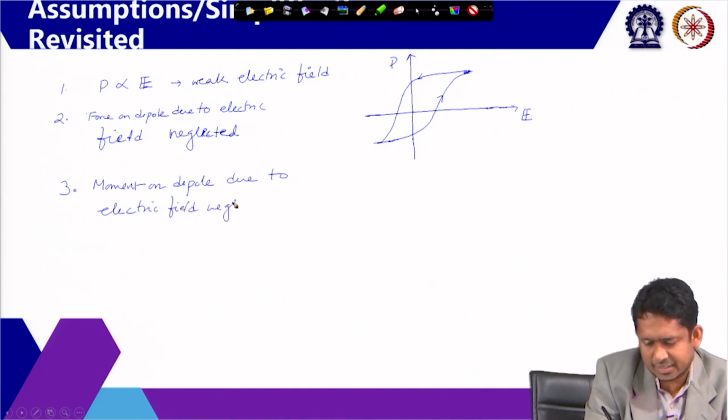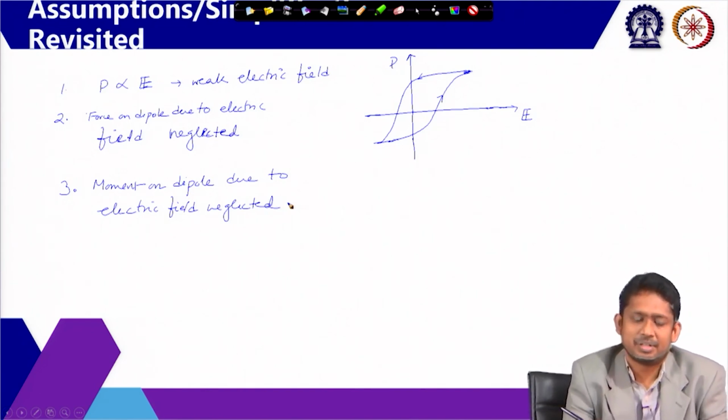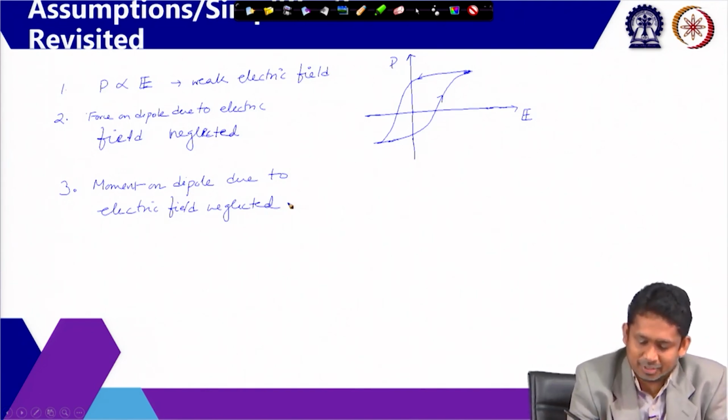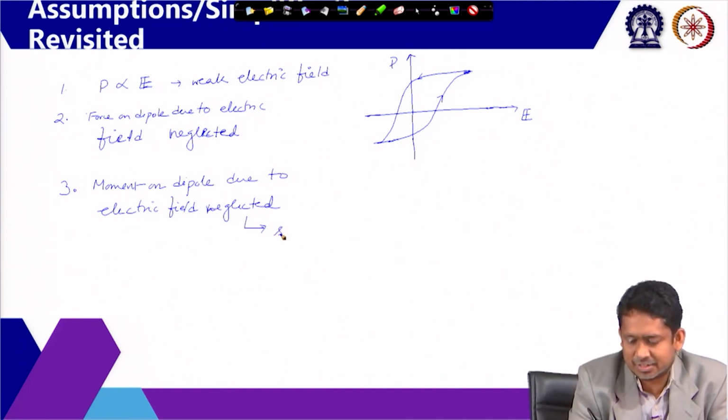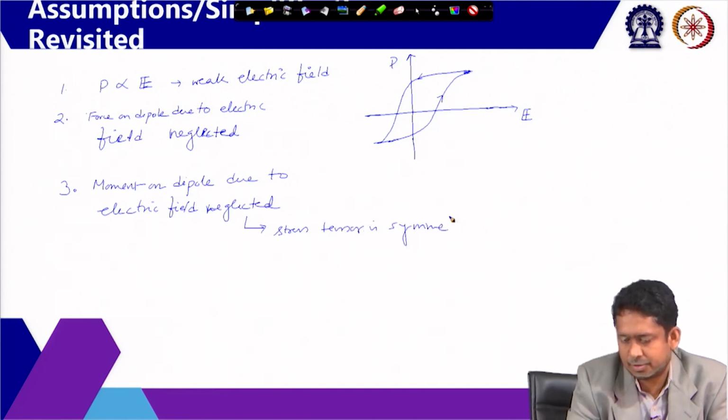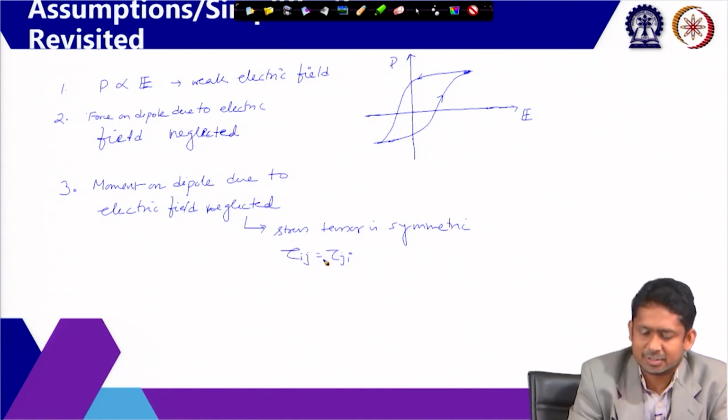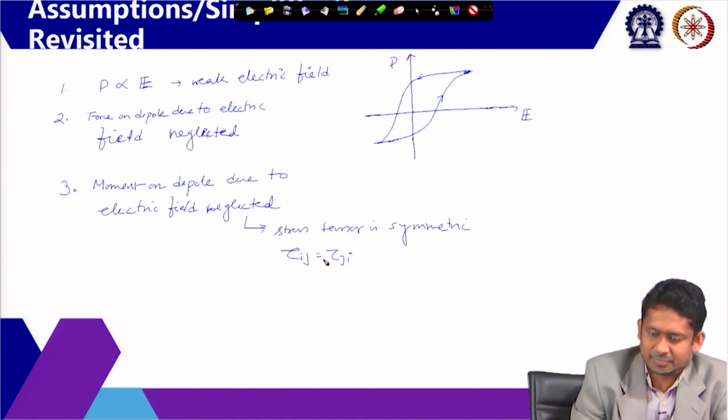Because of this the body couple that we have in the conservation of angular momentum got neglected, and this gives us that the stress tensor is symmetric, because of which we can assume that tau ij becomes tau ji with this assumption.